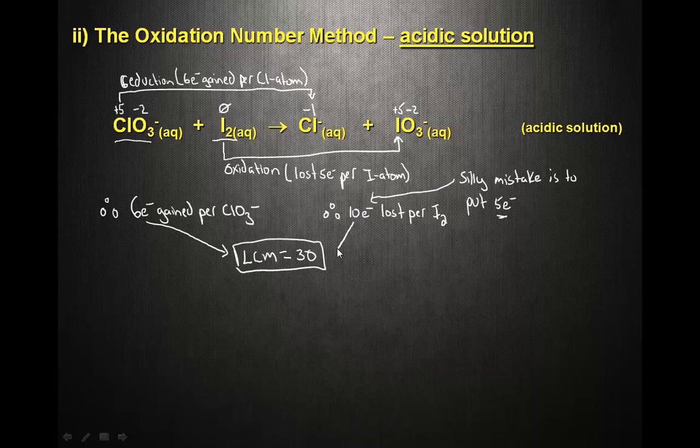Draw our arrows. And then we just want to figure out 10 times what gets us to 30? Well, 3. 6 times what gets us to 30? Oh, that's 5. And these are the coefficients for just our reactants in this equation.